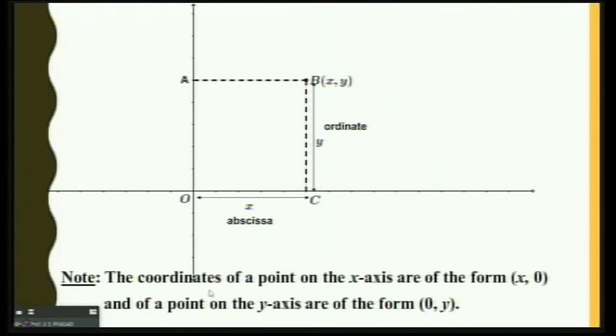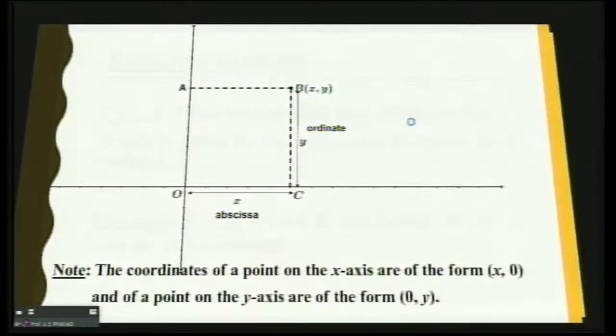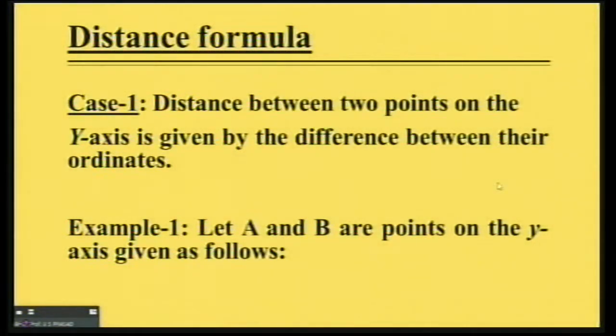And of course, if you observe carefully, the coordinates of a point on the x-axis, where there is no y present, can easily be represented as x comma 0, and a point on the y-axis, because there is no x length, can be denoted as 0 comma y. So with this background, now we are going to see how to identify the distance between any two points in a given plane by using a formula called the distance formula.